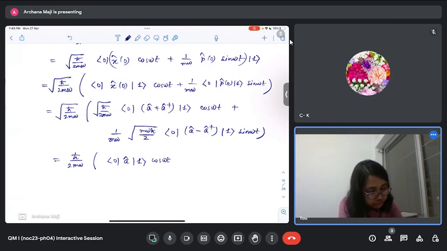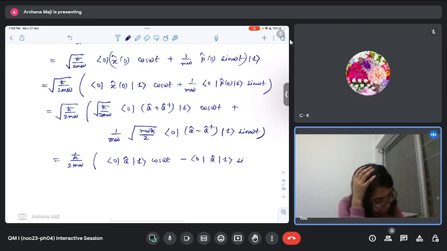And for this again, when a dagger hits |1>, it gives you square root 2 ket 2, but ket 2 with <0| will again give you 0, so we are not worried about that. So I have taken these two coefficients common, and that gives h cross over 2m omega, and from the second term you get <0|a|1> sin omega t.